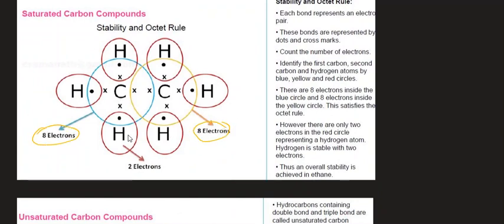As far as hydrogen is considered, it has achieved a 2 electron system. So thereby they have achieved the stability. Do you understand? Okay. So the stability part of it is very important. So 8 electron system, right?